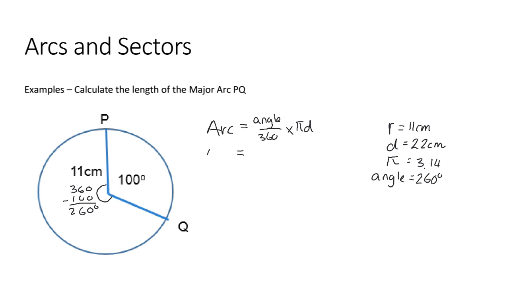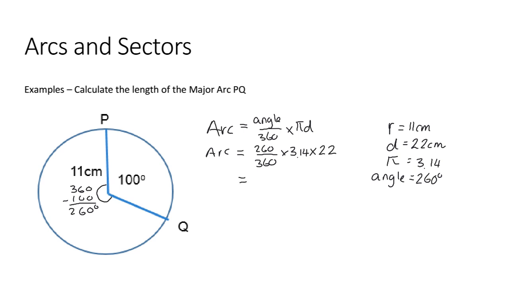So my arc is equal to 260 over 360 multiplied by 3.14 multiplied by 22.